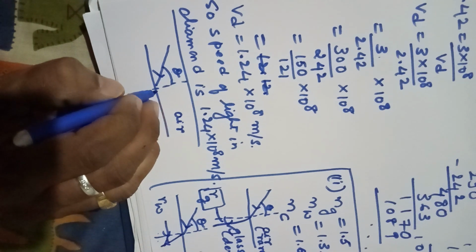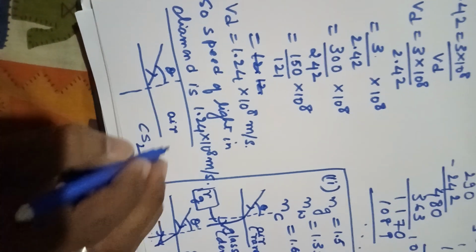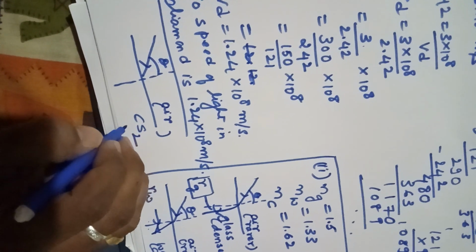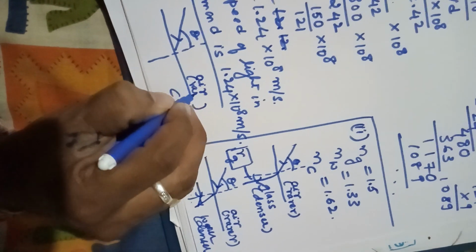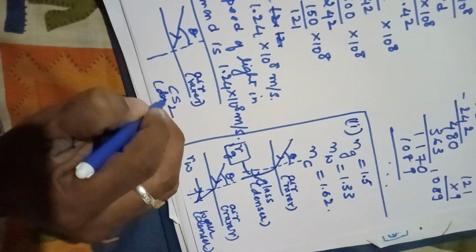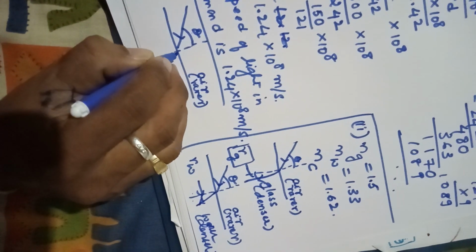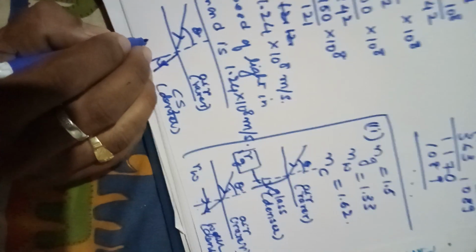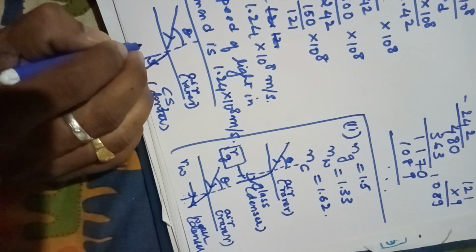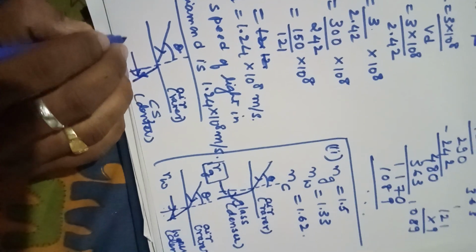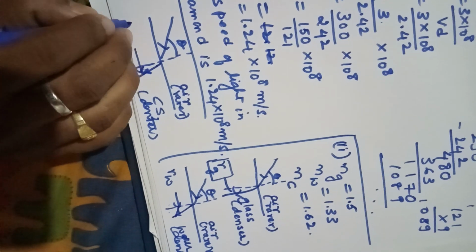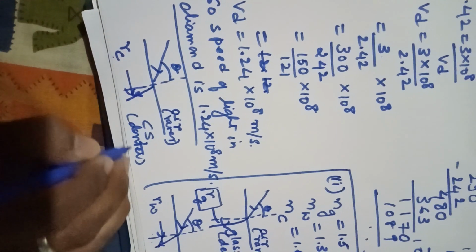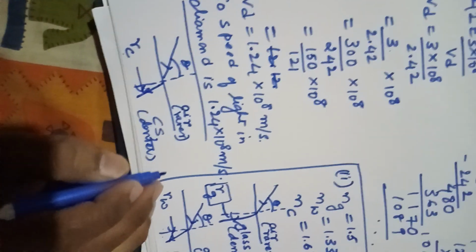So this particular ray of light is traveling from air to carbon disulfide, that is a rarer medium to denser medium. So this particular ray of light will again bend towards normal, and let's call this angle as Rc. That is angle of refraction in carbon disulfide.